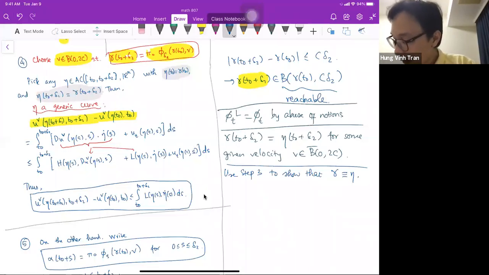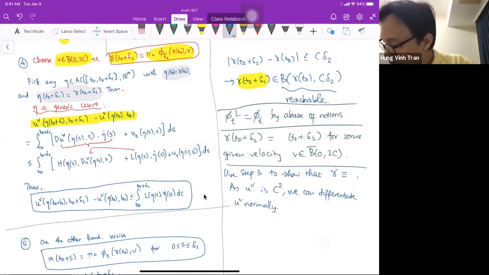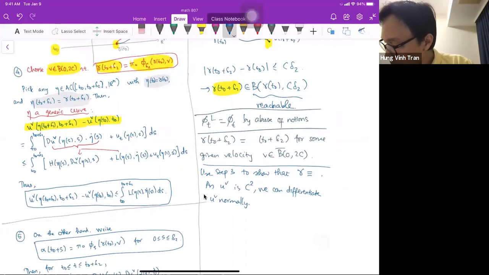So as UV is C2, we can differentiate UV normally. Let me also correct this: what I'm writing shouldn't be eta, it should be alpha. Okay.